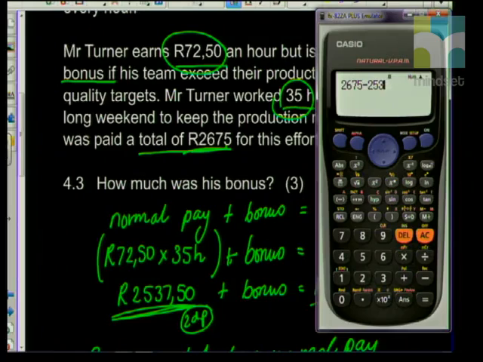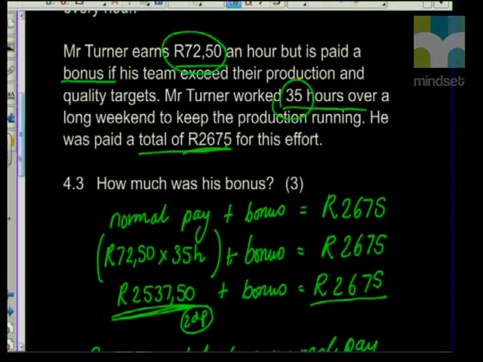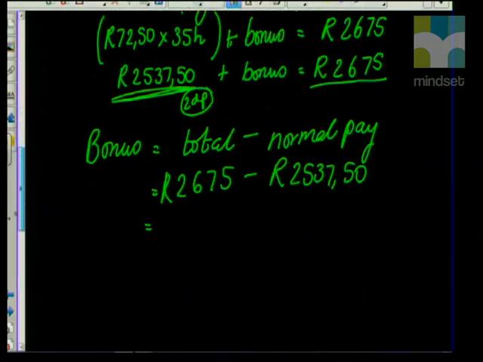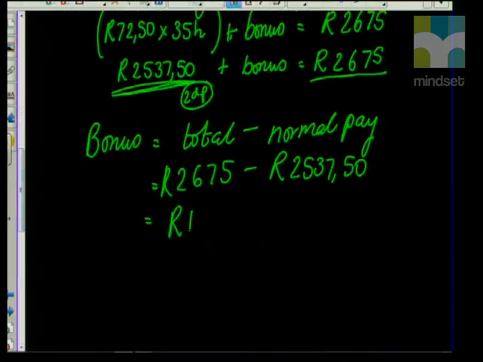Make sure your decimal places are in, otherwise you're not going to get a reasonable answer. And that is the amount that he actually gets paid, 137 Rand 50. So his bonus is 137 Rand 50.